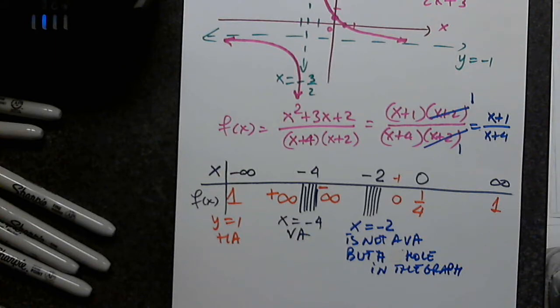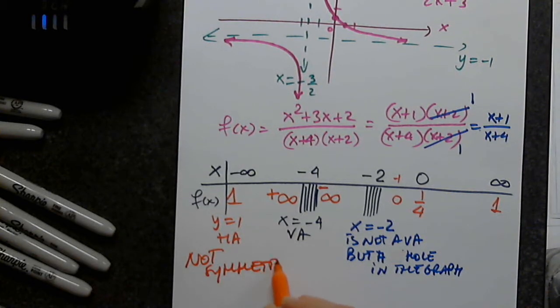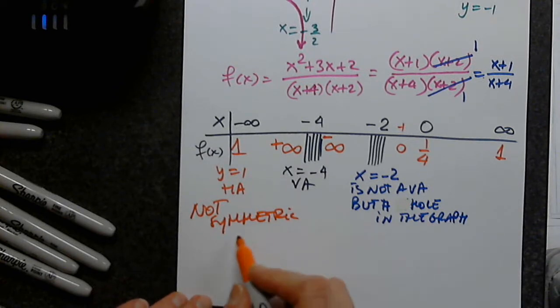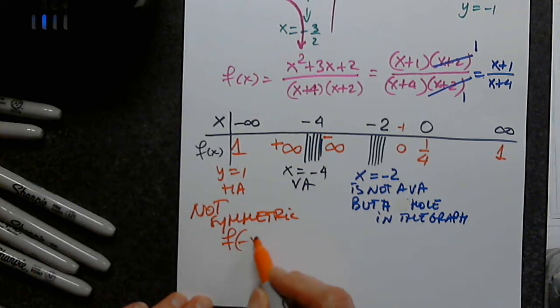Can a function with a vertical asymptote at -4 and a hole in the graph at -2 be symmetric? No. For the symmetry, do we still need to do the f of x equals? As long as you write an f, yeah.